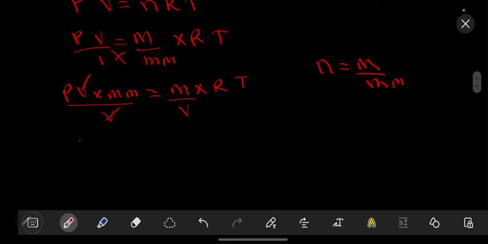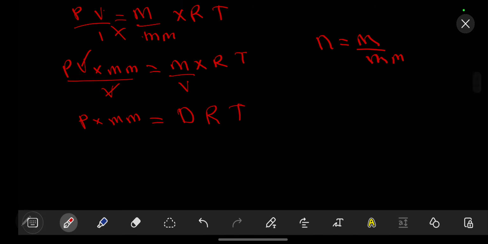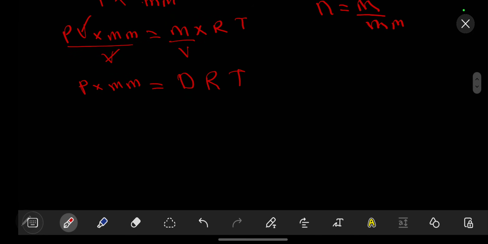So P times the molar mass should be equal to mass over volume times R times T. We know that density is equal to mass over volume, so we are going to have P times M equal to D times R times T. Now we can make D the subject of the formula by dividing by RT.